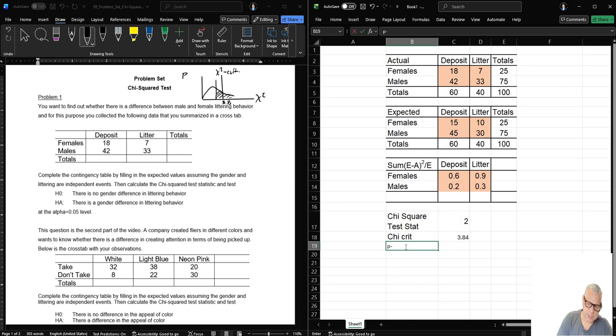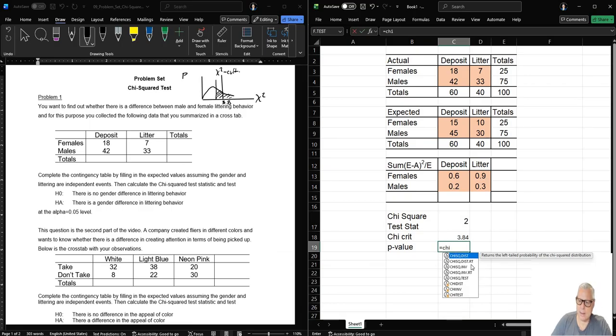So that is then the p-value. And the formula for that is equal chi, and now we use the formula chi-squared dist RT, and that gives us the probability to the right of 2, which must be greater than 5%. And again, we have 1 degree of freedom.